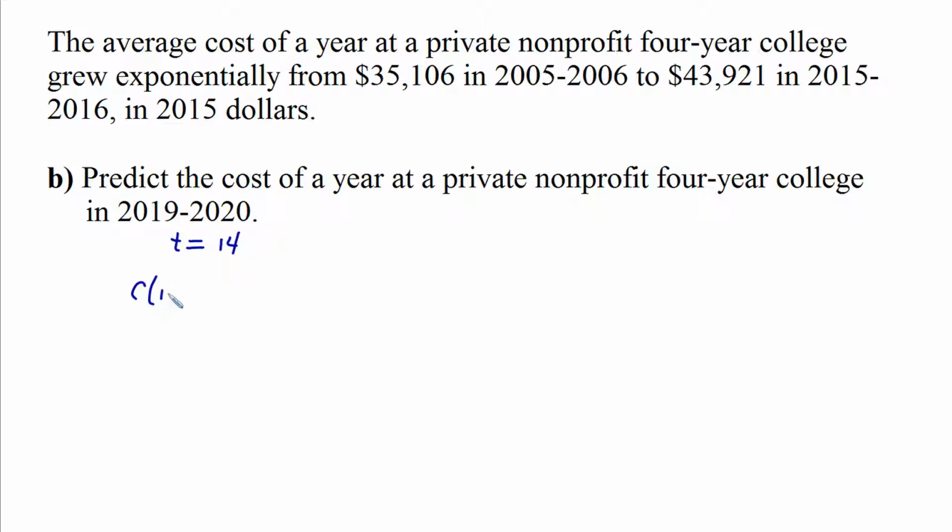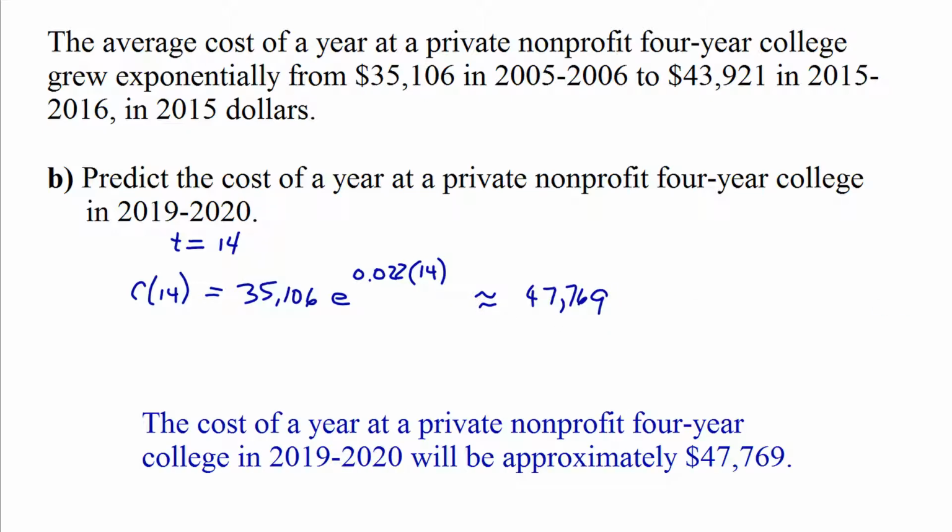So we want to find C at 14, which is equal to 35,106 e to the 0.022 times 14. Typing this in a calculator, we get approximately 47,769. Therefore, the cost of a year at a private nonprofit four-year college in the year 2019-2020 will be approximately $47,769.